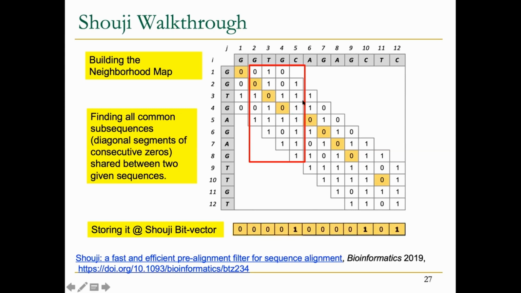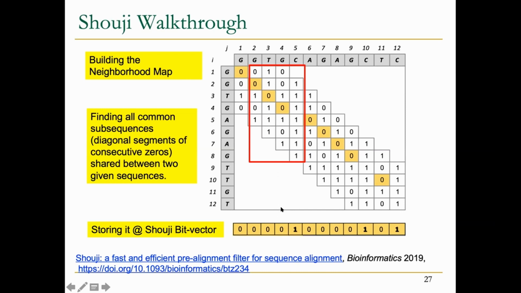Now, when we move the search window over here, you will see that the number of zeros starts to get less and less, because they break down into two segments: zeros from this segment and another zero from that segment. This is where we are not going to replace things in the final bit vector, because the number of zeros is going to be less than whatever we have in the final bit vector.